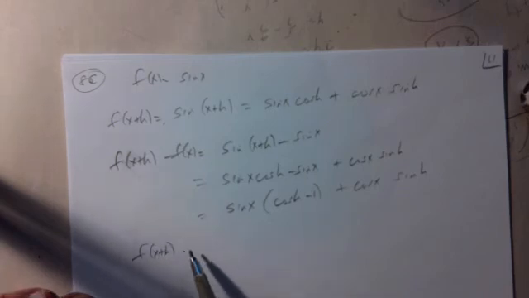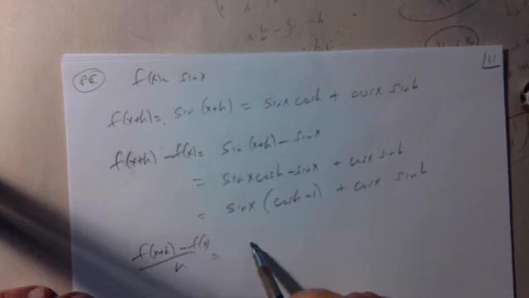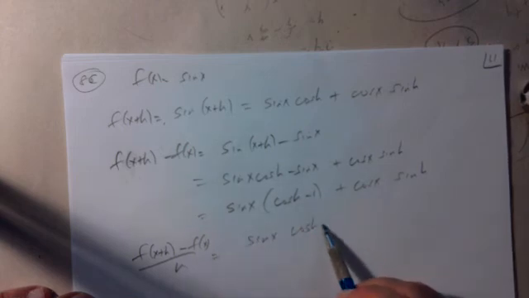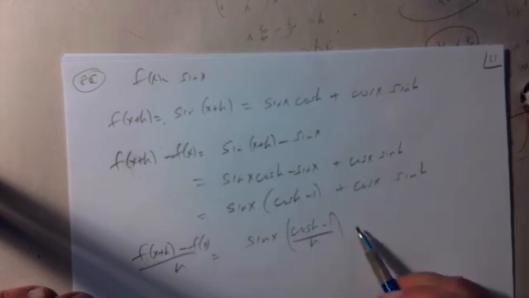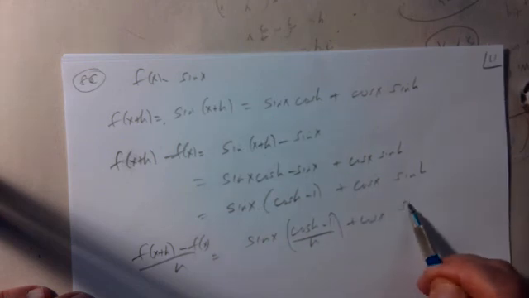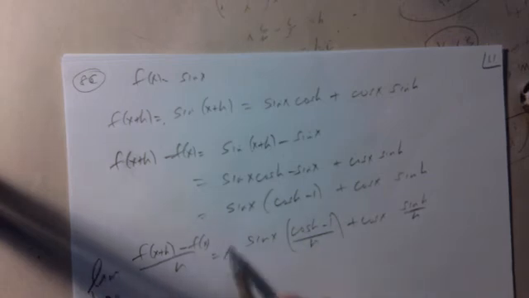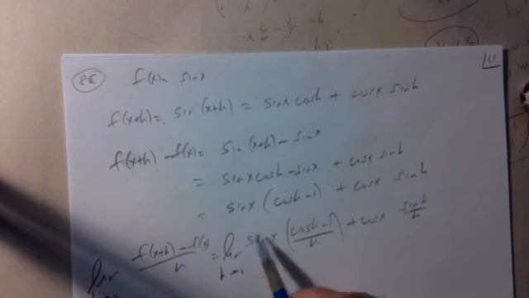So if I divide by h, f of x plus h minus f of x over h is equal to the sine of x times cosine of h minus 1 over h plus cosine x sine h over h. And then if I take the limit as h goes to 0, what do I get?